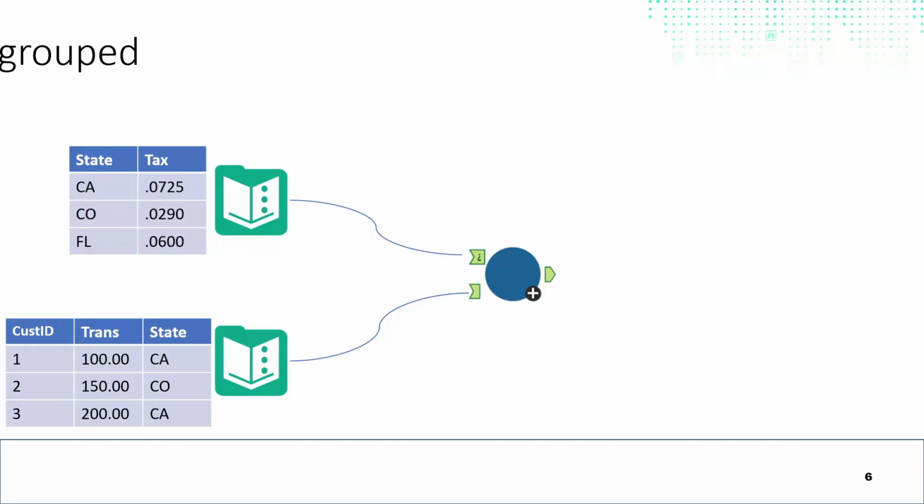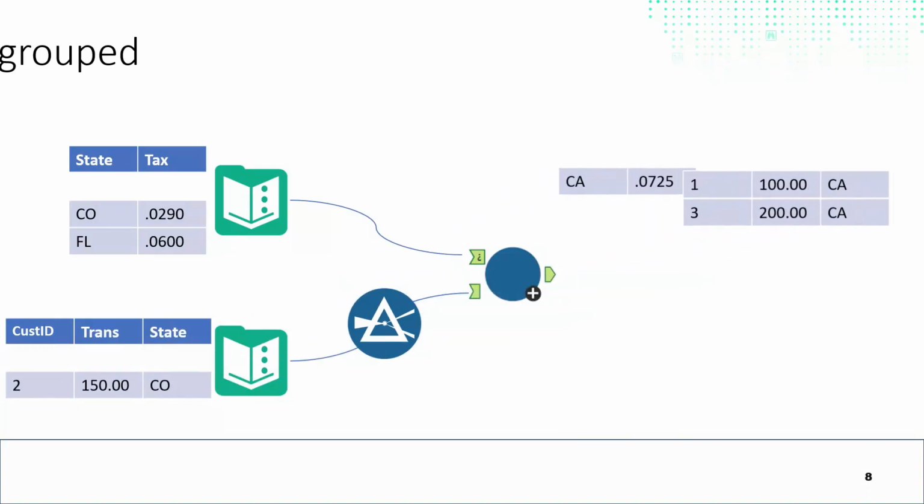Now let's talk about it grouped. For grouping, we're going to group on state in this situation. So it's going to say, okay, I'm going to run through this row of my control data, and I'm going to match it to every single California state. And then I'm going to run this through and match it, and this through and match it. So it brings in California. There's an implicit filter there.